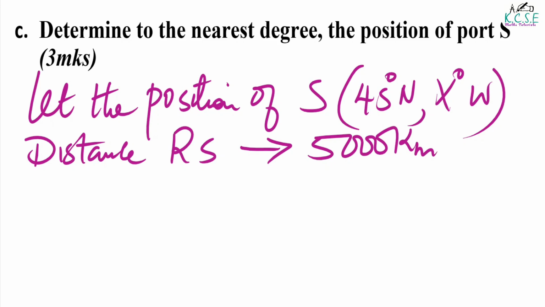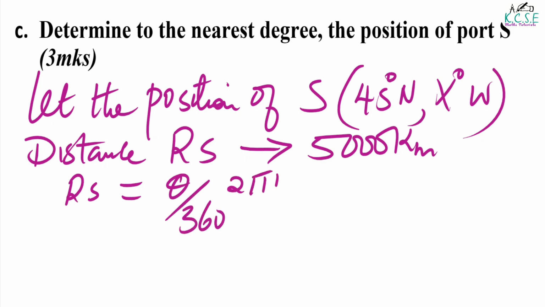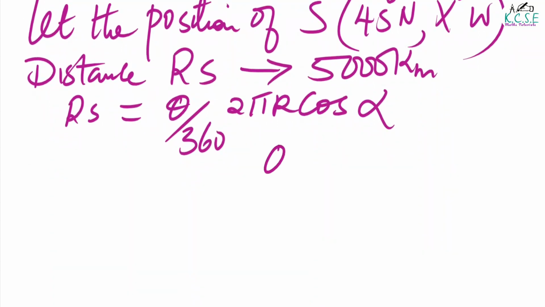This distance is along the circle of latitude, and it is obtained this way: distance RS equals theta over 360 times 2 pi r cosine of alpha, where theta is the longitude difference, which is what we are looking for, and alpha is the latitude angle, which here is 45 degrees.